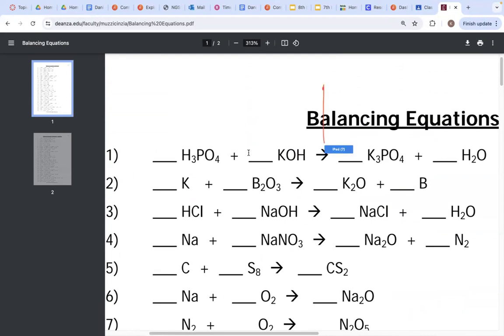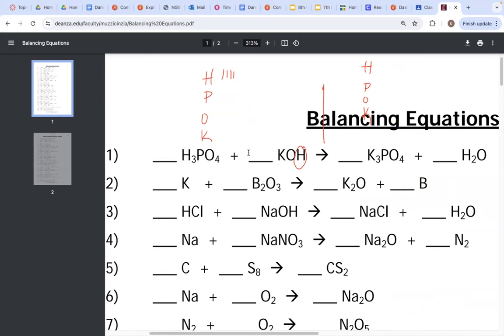The first thing I like to do is write all the elements on each side, and then do an initial count. So I have 3 hydrogens here, plus a hydrogen over here, so 3 plus 1 is 4.